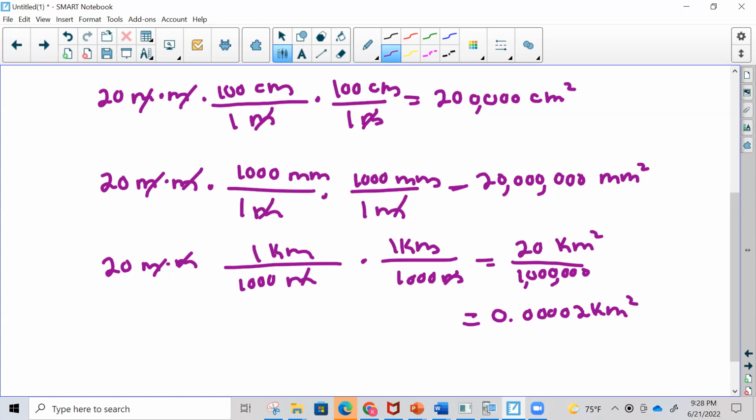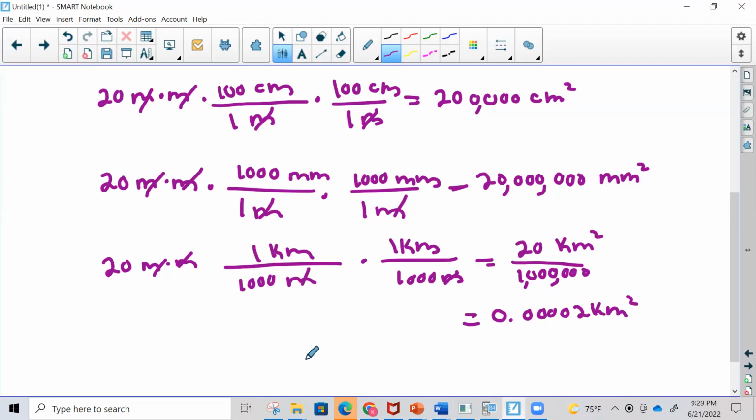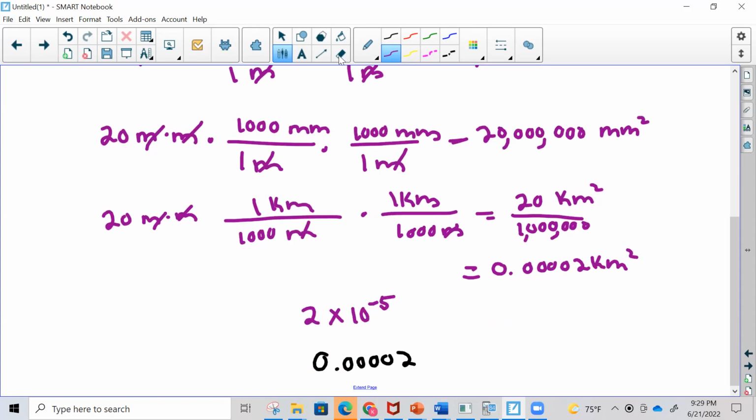When you divide that in your calculator, if you have a TI or scientific, it's going to give you this with the E, and that means scientific notation. That means you're doing 2 times 10 to the -5th. That's what the E means, and whatever the number after the E is the exponent on the 10.